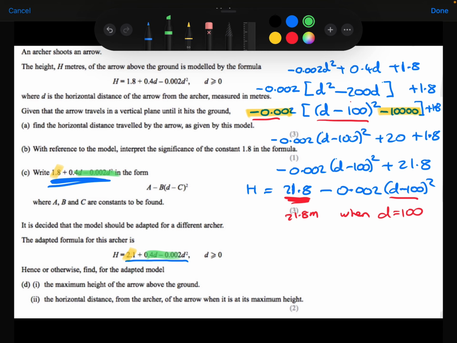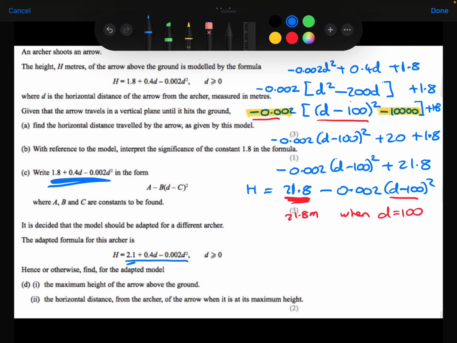Now, remember that the 1.8 represented the vertical height from when the arrow was being fired. So the fact that this is 2.1 just means that it's being fired from a slightly different height. It's being fired 0.3 metres higher above the ground, or 30 centimetres higher. Maybe this archer is taller.